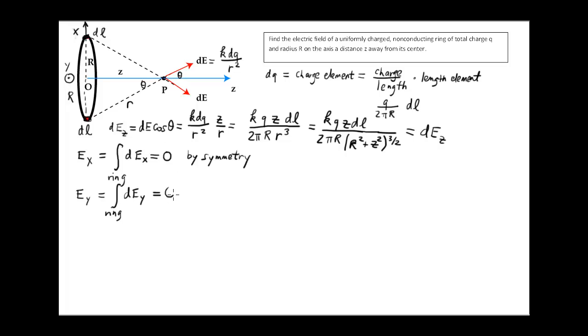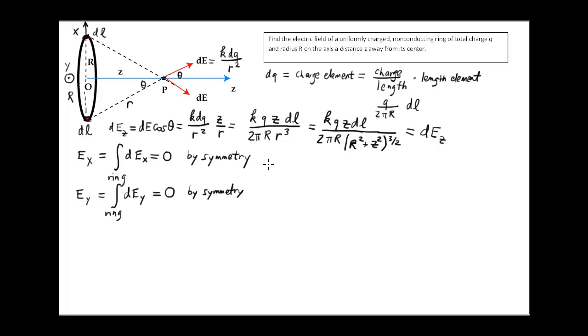But again, if we integrate all the way around the ring, then we would find that all of the y components of electric field would cancel out by symmetry as well. And once again, we would know that because we could take pieces of the ring, these length elements, at opposite sides all the way around the ring, and they would give components in the y direction for their electric fields that would always be opposite one another. So these two facts are very powerful and simplify the calculation that we might otherwise have to do.